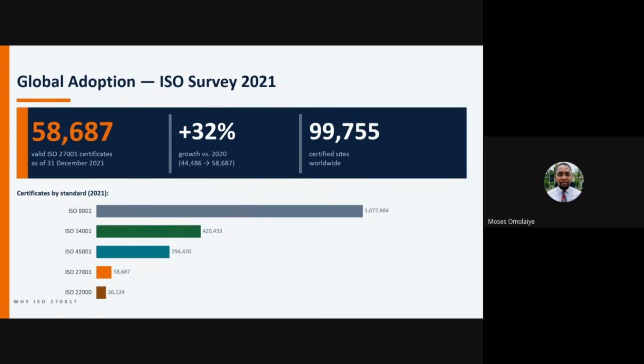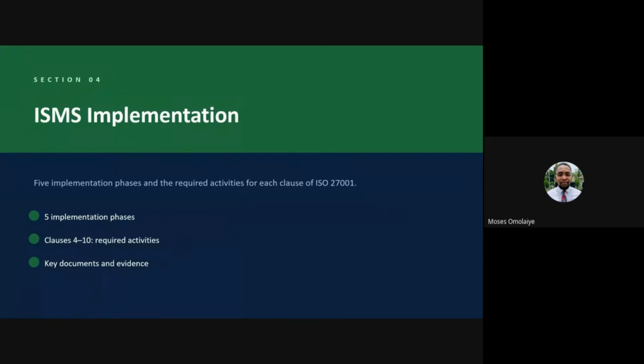However, in 2021, the number increased to over 58,000. And as of now, that number has probably doubled or more. Then you can see that in 2021, almost 100,000 sites were certified to ISO 27001. That says a lot about this.